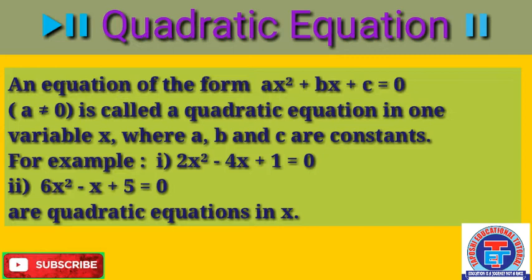Right, student? For example, 2x square minus 4x plus 1 is equal to 0 and 6x square minus x plus 5 is equal to 0 are quadratic equations in x.